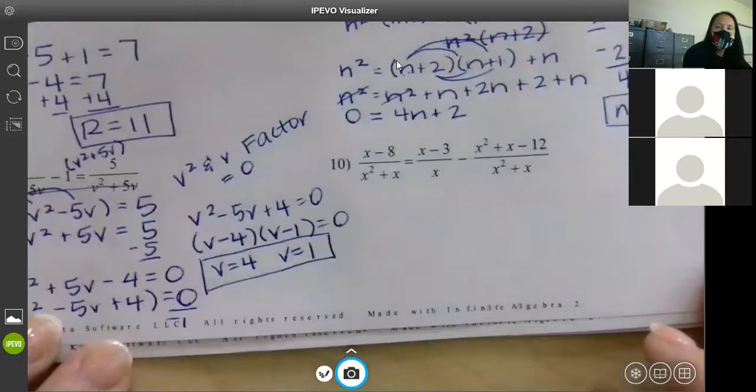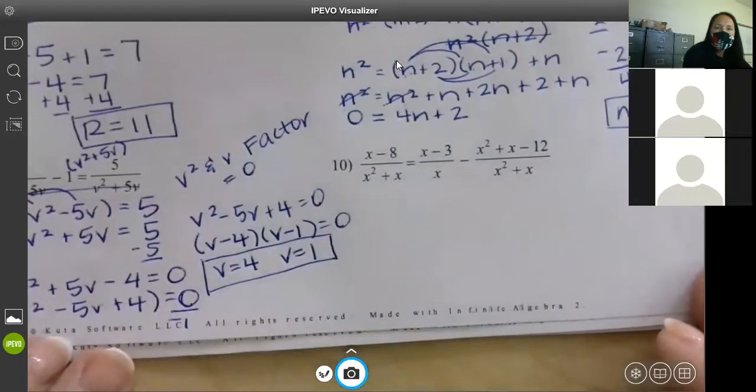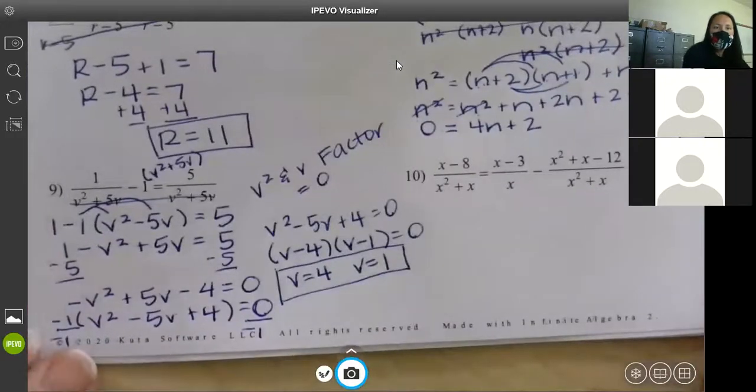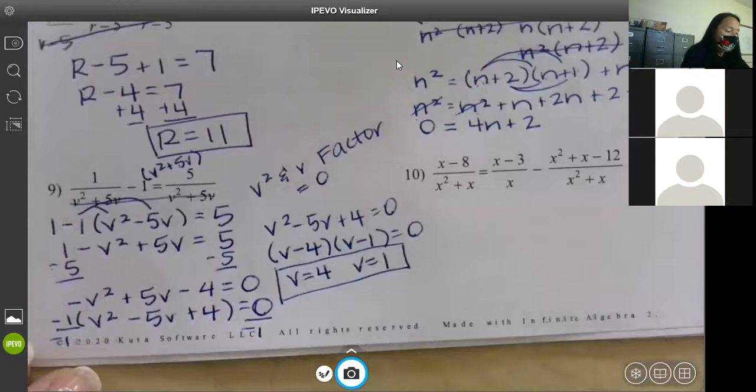Joan, yes. On the one we just did, number 9, you put v squared minus 5v instead of v squared plus 5v. Yeah, right here. I took out the -1. Up at the top where it says 1 minus -1, parentheses v squared minus 5v.